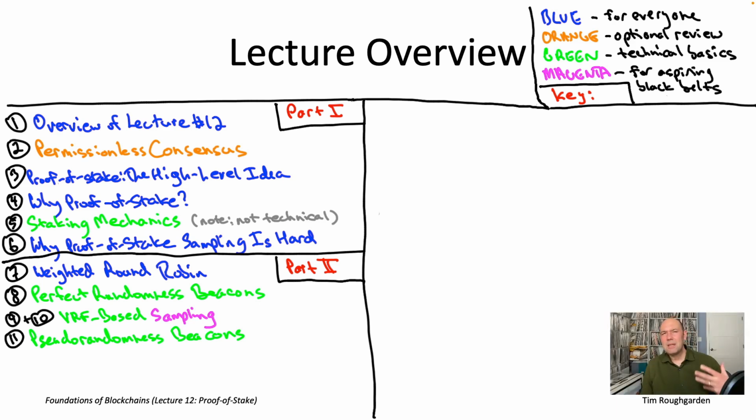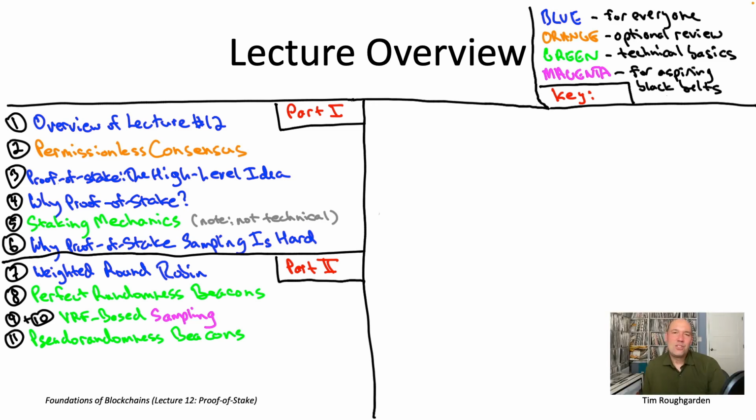So this appears to be a kind of unavoidable issue in proof-of-stake blockchain protocol design, but some designs do a much better job than others of minimizing how manipulable the pseudo-randomness is. So we'll talk here about the best practices for making it as unmanipulable as possible.